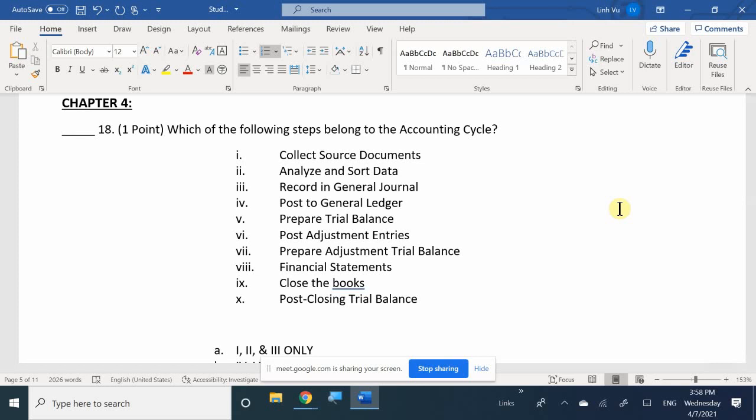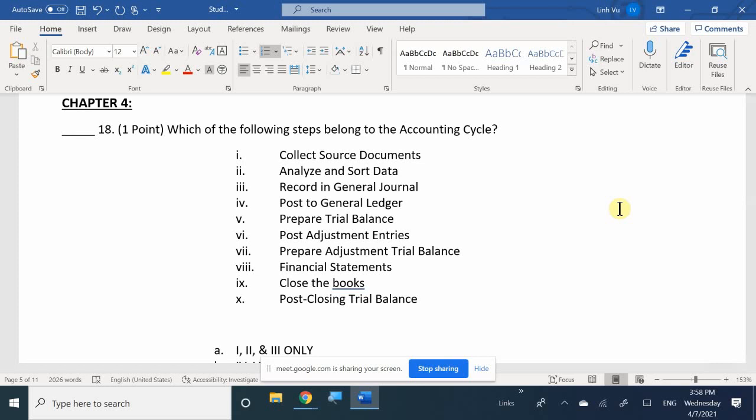What about analyze and sort the data? Yes, that's step number 2. Remember, we have to analyze and sort the data before we can journalize it. And then step 3 is to journalize it.